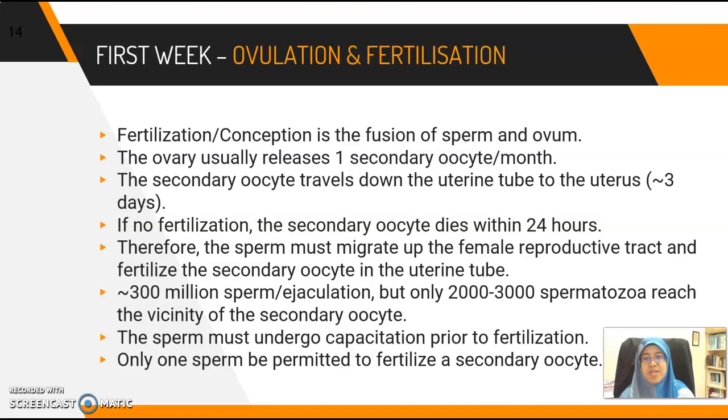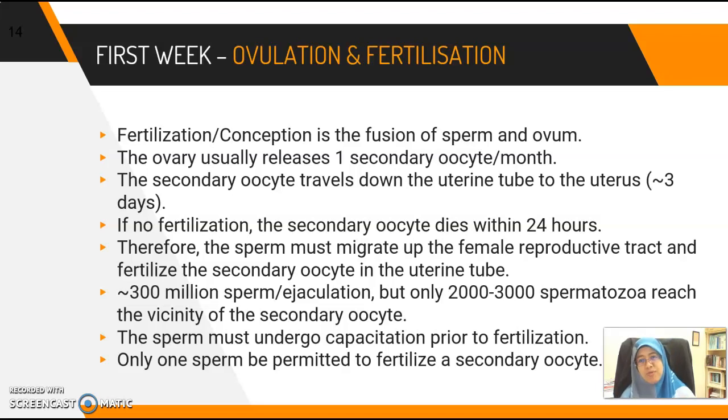When ovulation takes place, the secondary oocyte is released from the ovary and needs to enter the uterine tube, the fallopian tube, and travel towards the uterus, where implantation will take place. This takes around 3 days.